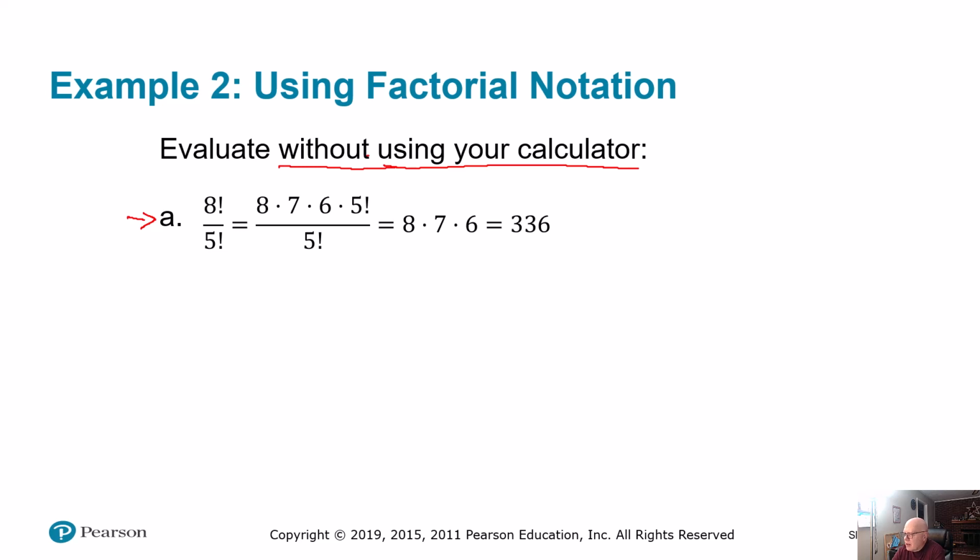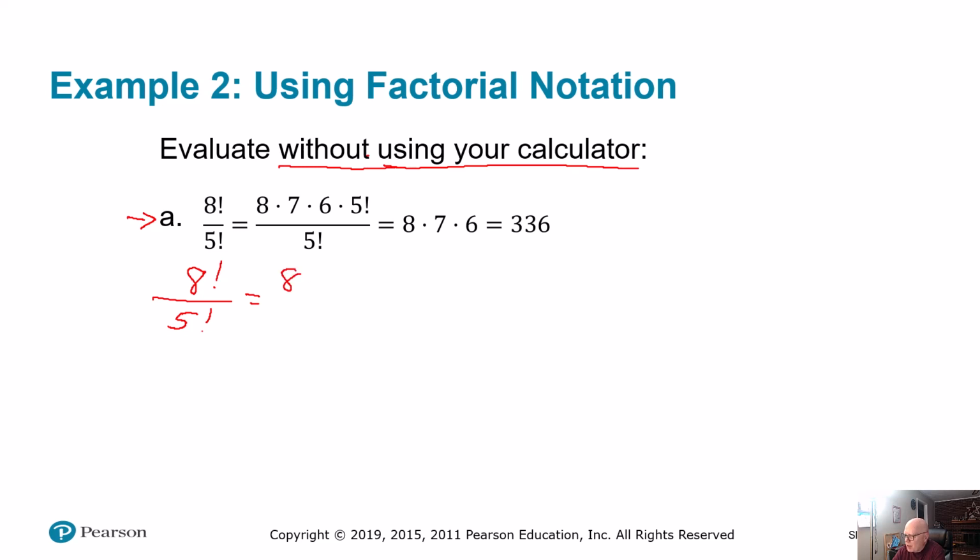Let's start again here. 8 factorial over 5 factorial. Now, what does this look like? Factorial means you start with that number and multiply it times the next number down, the next, and the next, until you get to 1.